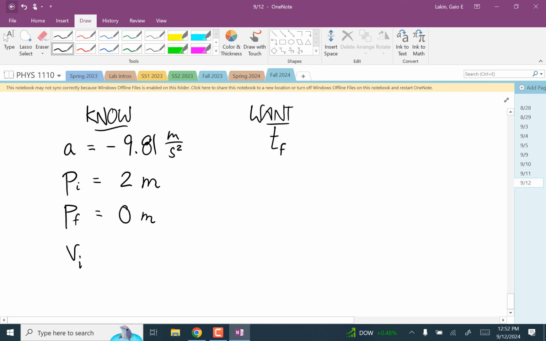And our initial velocity is positive 8 meters per second. And we don't know what the velocity is the instant it reaches that level. It's going to be down at some velocity, negative 8 point something probably.